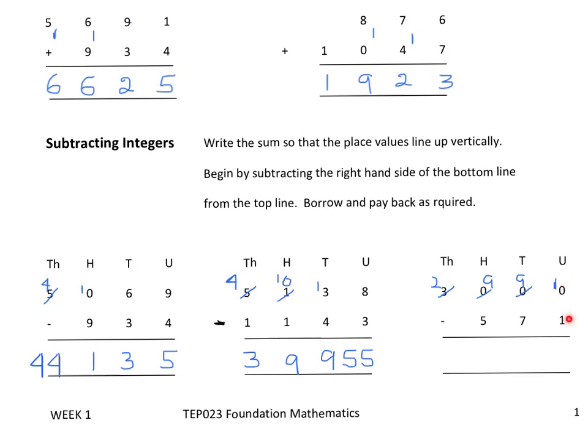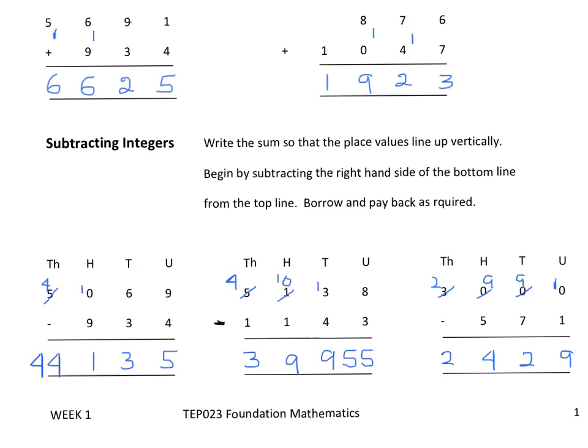10 subtract 1 is 9. 9 subtract 7 is 2. 9 subtract 5 is 4, and we're left with 2 subtract 0, which is 2.